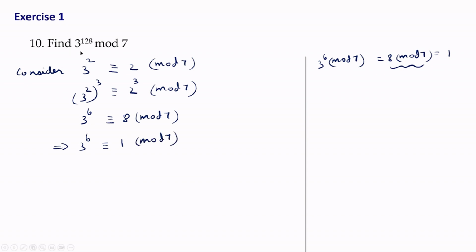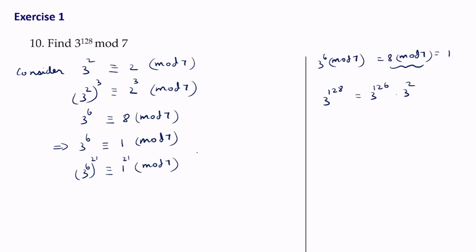Now we need 3 raised to 128. We can write 3 raised to 128 as 3 raised to 126 into 3 square. Here 3 raised to 6, the whole raised to 21, will be congruent to 1 raised to 21 mod 7.